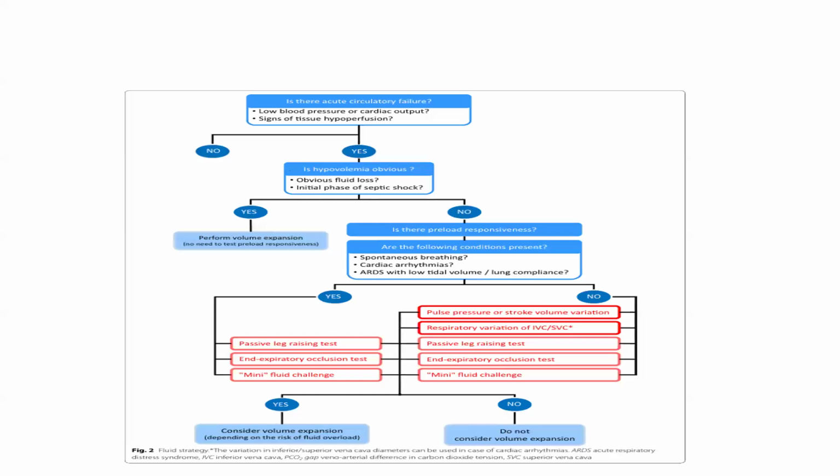If the answer is no, and the patient is on mechanical ventilation, then to assess preload responsiveness we need to go for pulse pressure variation or stroke volume variation, respiratory variation of IVC and SVC, the passive leg raising test, the end expiratory occlusion test, and the mini fluid challenge. If the patient is fluid responsive, consider volume expansion. If the patient is not fluid responsive, then do not consider volume expansion.